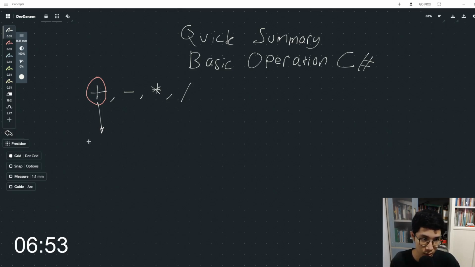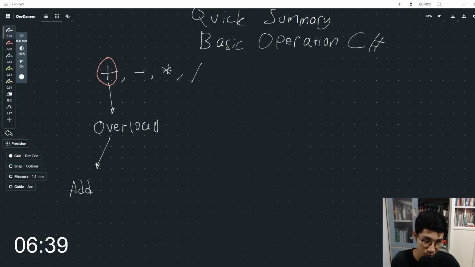I can say that this is overloaded, because it is used as addition, and it can be used for concatenation.